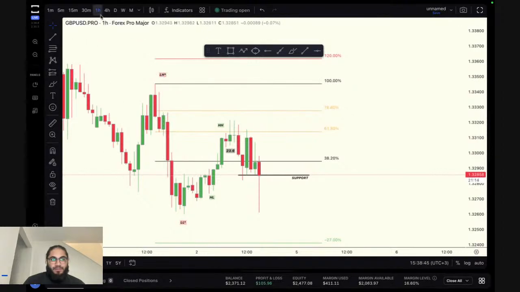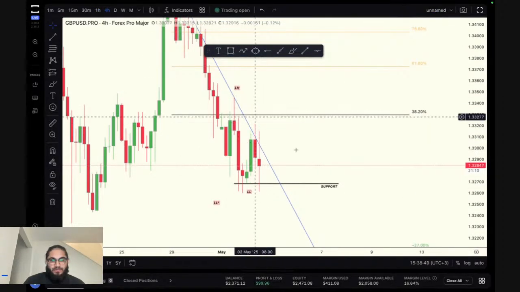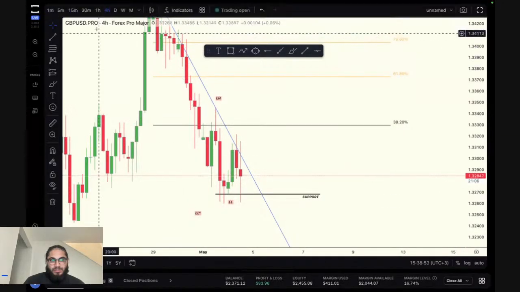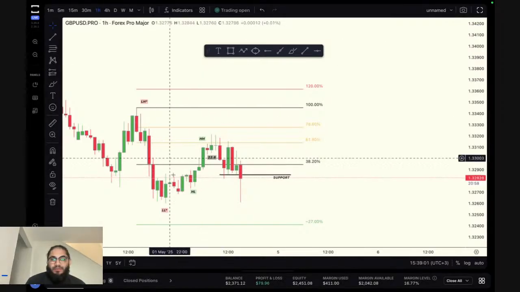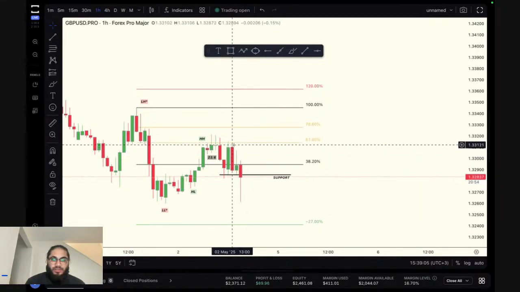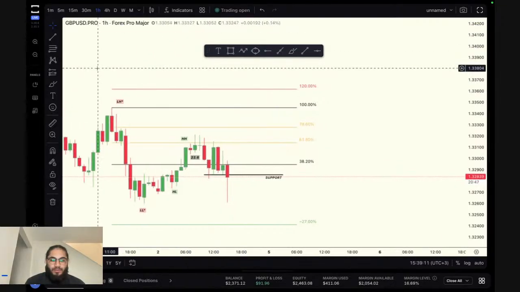So even looking for bullish wouldn't really make too much sense. Even for a bullish move, it's the same thing we need. I would want to break a resistance here, break this resistance, go to the upside. So if I do take a position on this, it would be a little bit later on today.